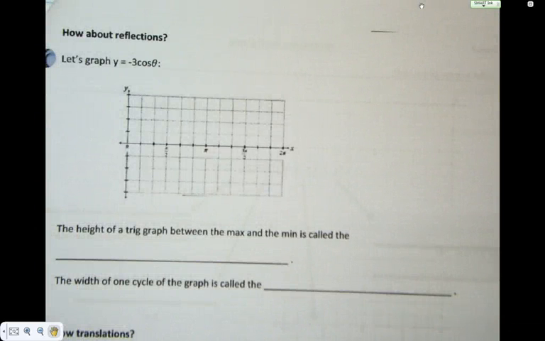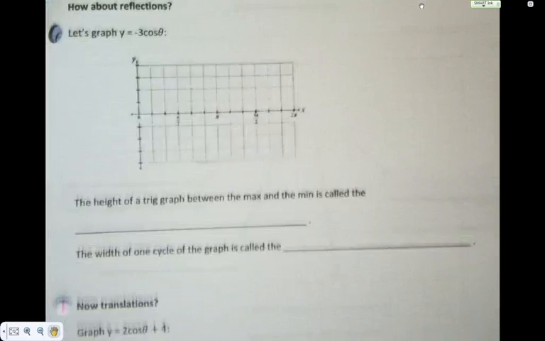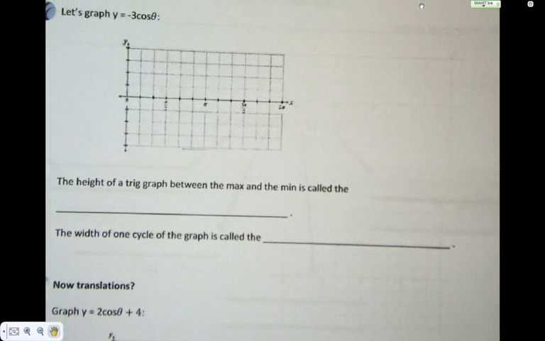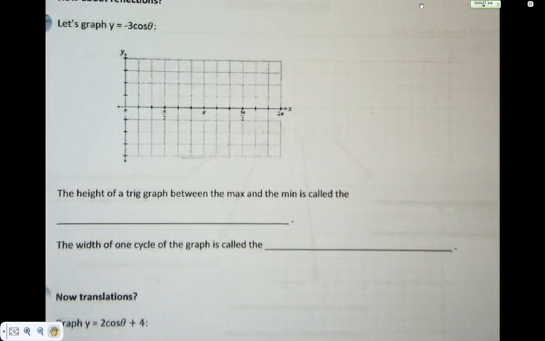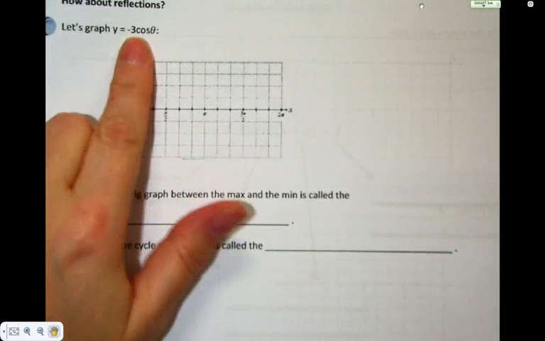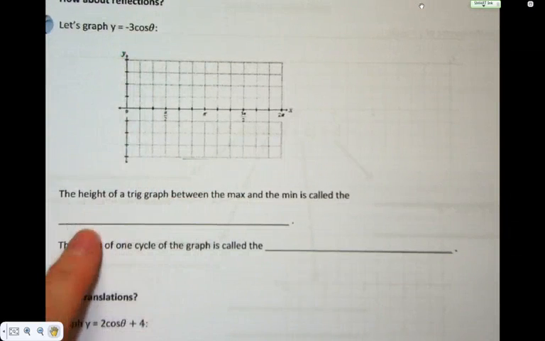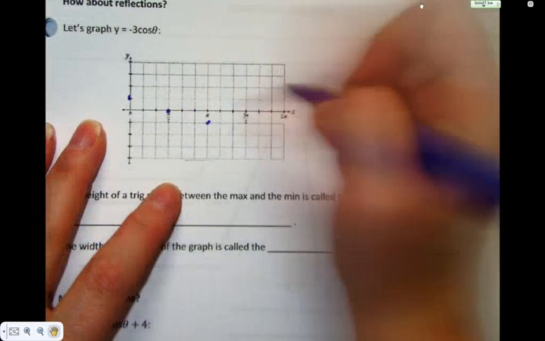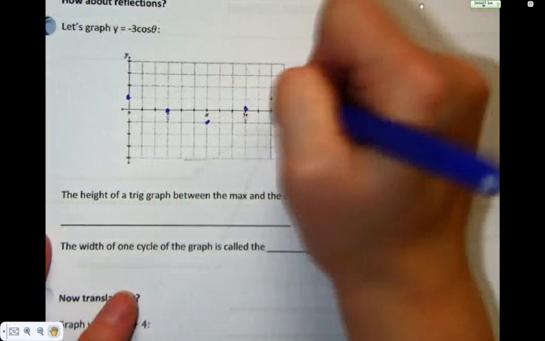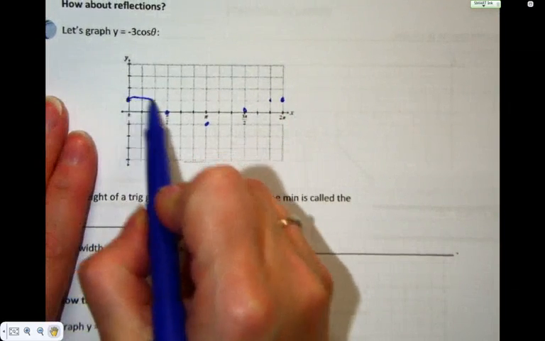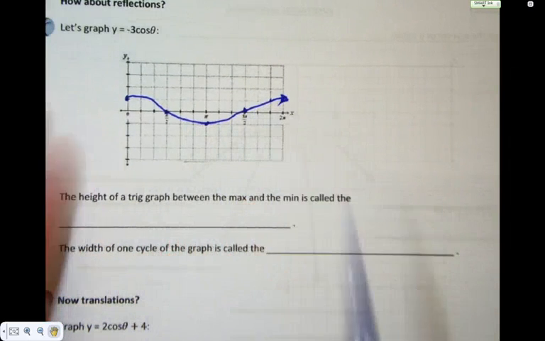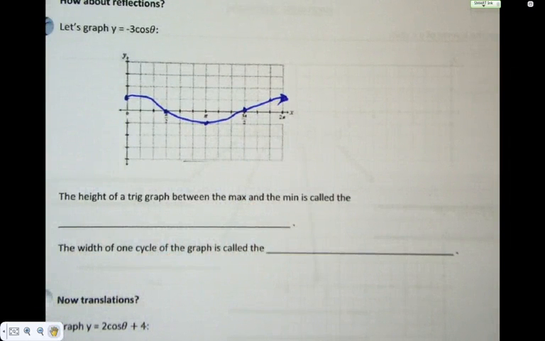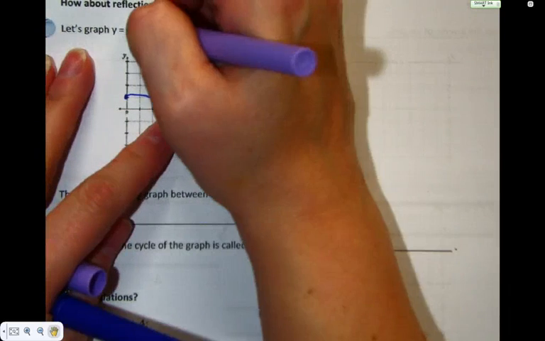Okay, what about reflections? Same steps as always. So strip away the numbers. What's the base graph? Base graph is 1, 0, negative 1, 0, 1. So again, you can just memorize that order, or you're just going around the unit circle and using the x coordinates. This time we have two transformations.